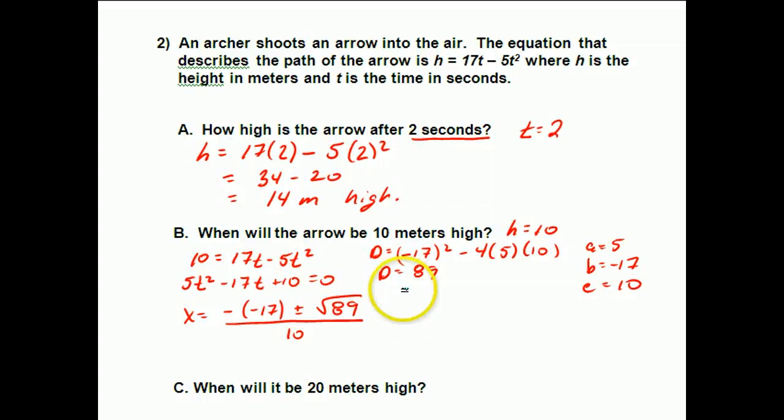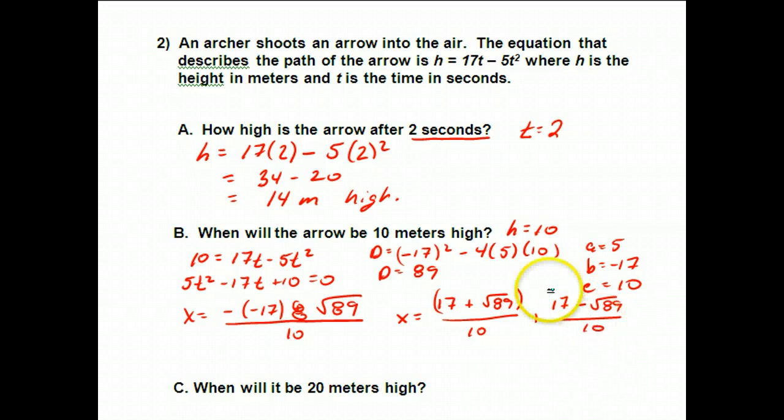In your calculator, input it like this: x is going to equal 17 plus the square root of 89, and put that in parentheses so your calculator does the addition before dividing by 10. We get one answer from our plus sign and one from our negative sign. So our other x is going to be 17 minus the square root of 89, all over 10, with the top in parentheses.